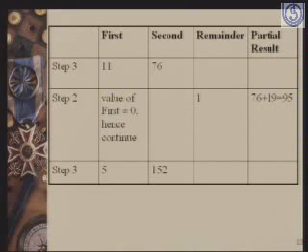At this stage, when 11 is divided by 2, we get 5 as a quotient and 1 as remainder. Because we are dividing the first number by 2, we should multiply the second number by 2, which gives us 152.